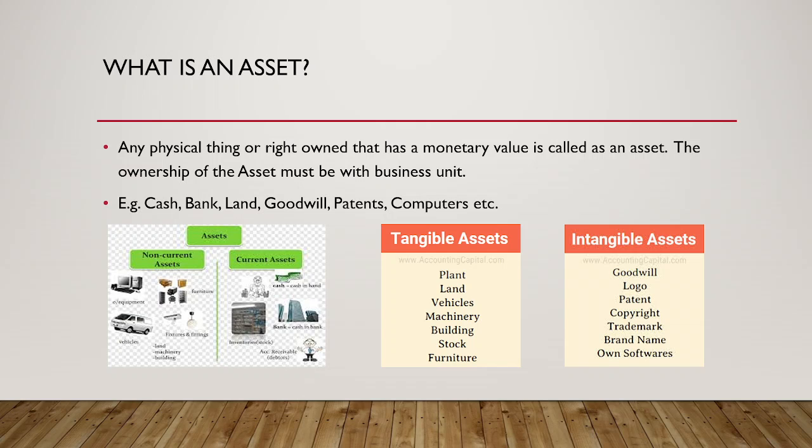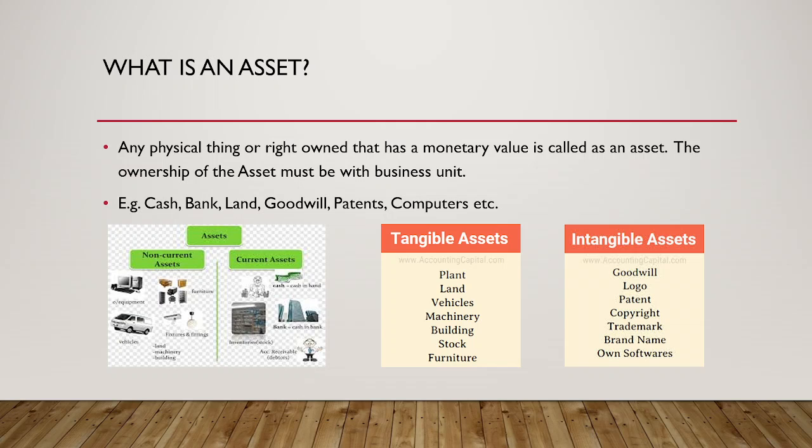Similarly, the company logo is also an intangible asset. Patents and copyrights: some pharmaceutical companies have an R&D department, research and development department. Daily they are finding out new products, and when they launch these new products, they will get a copyright for say 10 years.